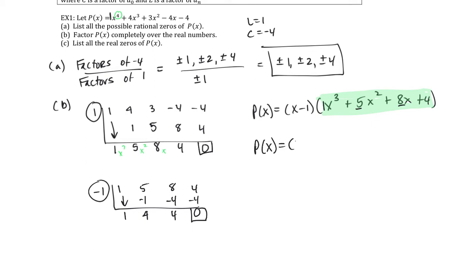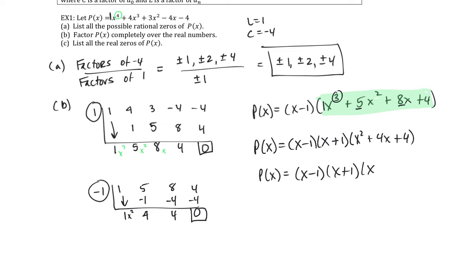So that means that we could factor it as x minus a negative would be plus 1. Okay, this started at degree 3, so this would be 1x squared plus 4x plus 4, and then I can see that would factor as x plus 2 quantity squared. So the polynomial factors as x minus 1, x plus 1, and x plus 2 quantity squared.